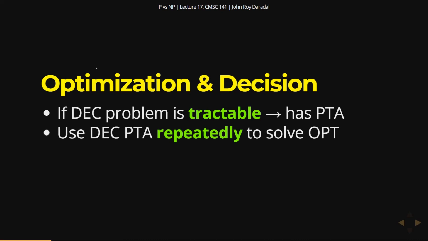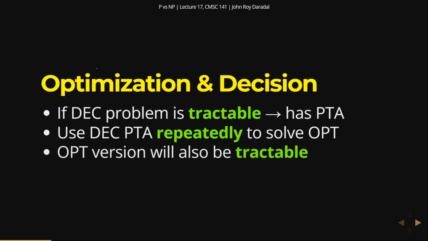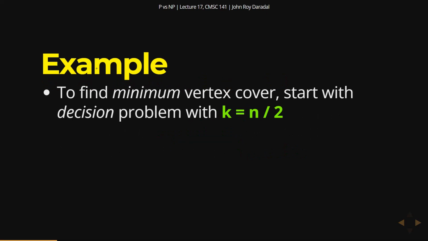So if you have a solution that runs in polynomial time, then you can use that polynomial time algorithm repeatedly to solve for the optimization version. Okay, so that means that the optimization version will also be tractable.